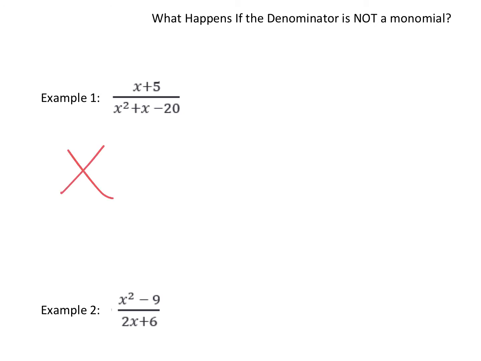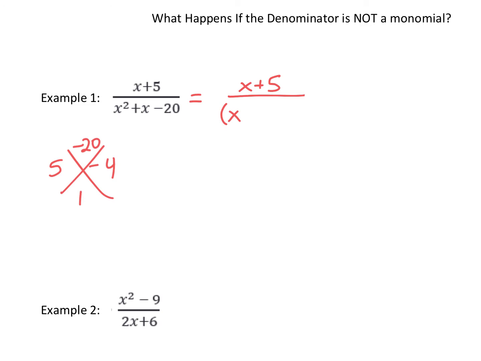What's going to go on the top? What's going to go on the bottom? Two things that multiply to negative 20, add to 1. Think about your 5 and negative 4, factors of 20. Leading terms of 1, so we're good on this. We'll keep x plus 5 on top, and on bottom I now have, what are my two factors?